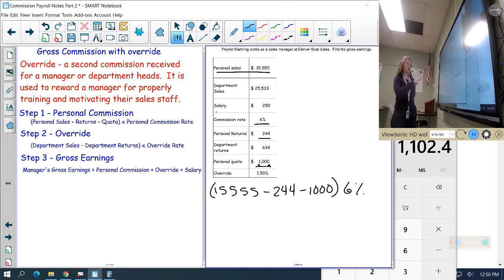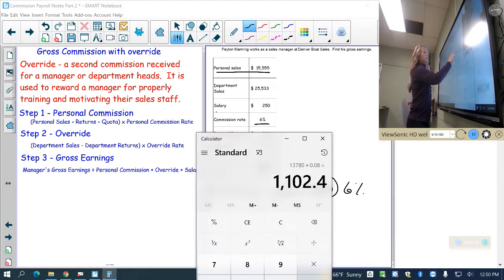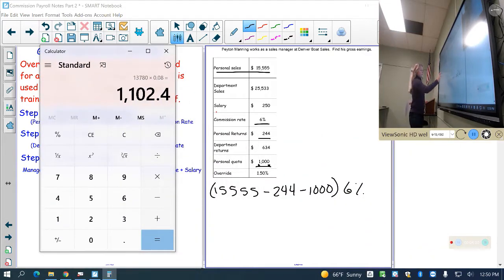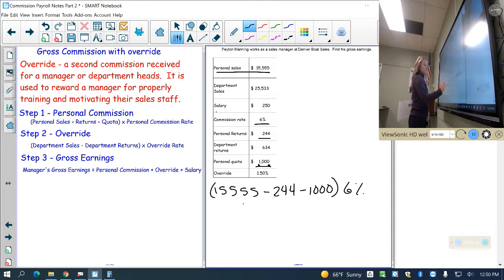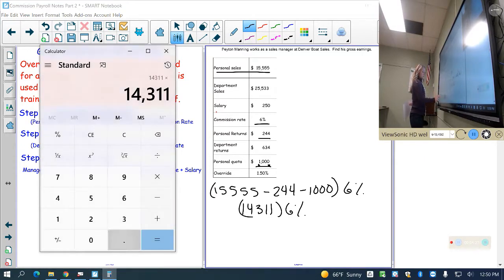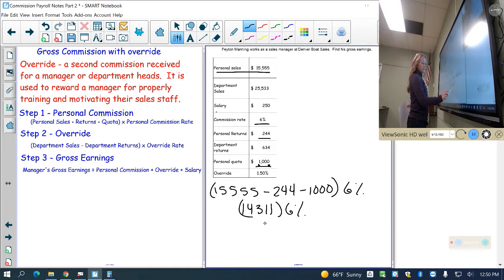Now, since we have that all set up, let's go ahead and calculate that. 15,555 minus 244 minus 1,000, 14,311 times 6%, $858.66.